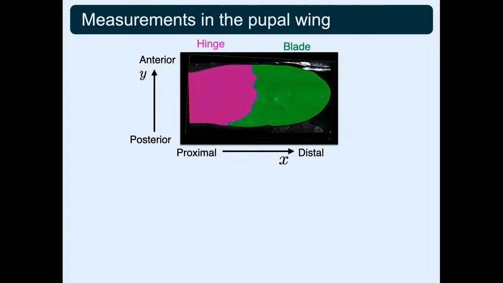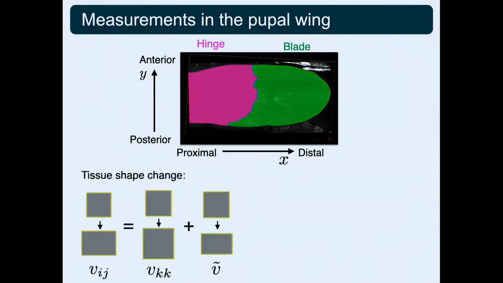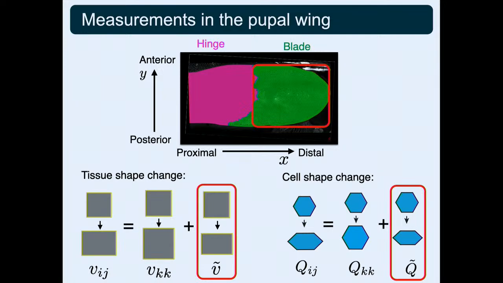And again, I told you right at the beginning that because the main deformation is anisotropic, we will for the moment focus only on the blade. Okay, here we can go a little slow because there are a lot of interesting results that will come.